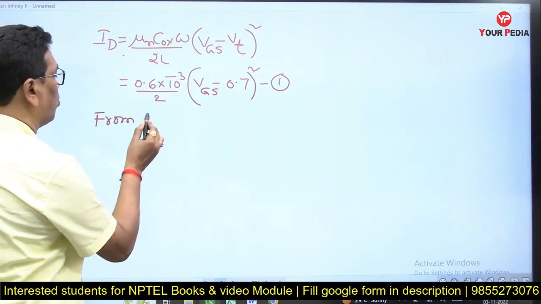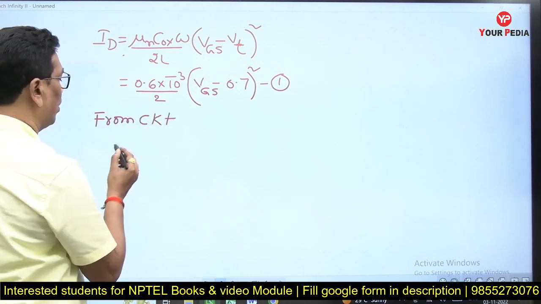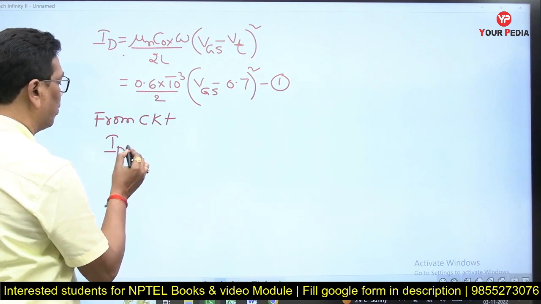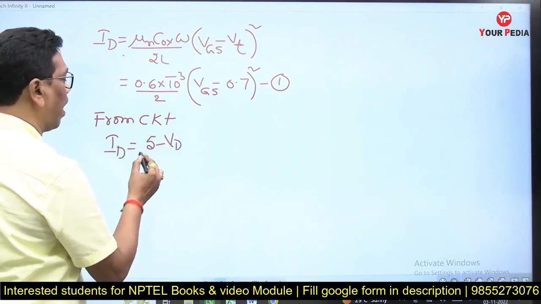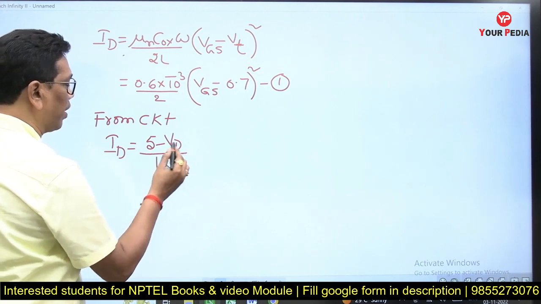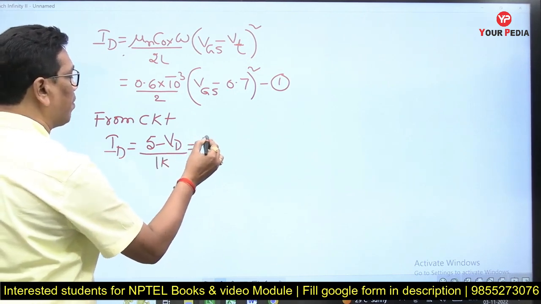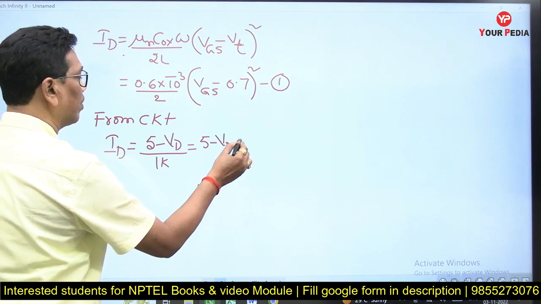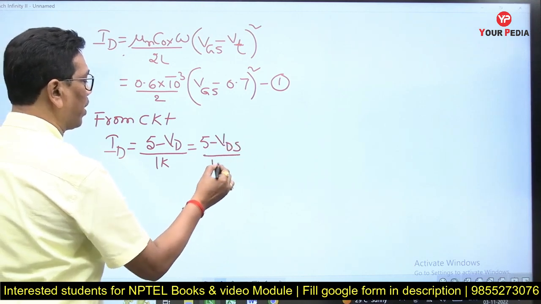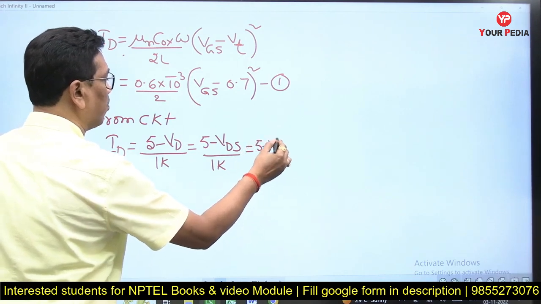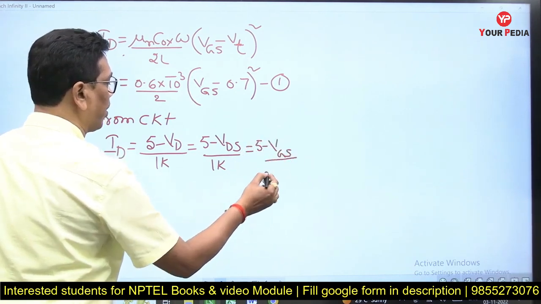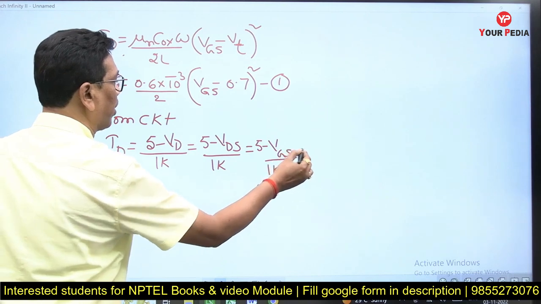So from the circuit, ID equals 5 minus VD by RD, that is 1K, right? VD is nothing but VDS by 1K. You can also rewrite this as VGS, because VDS is the same as VGS here, because gate and drain are shorted.